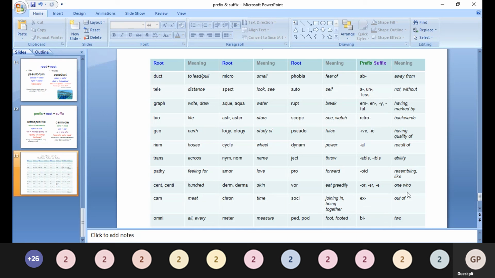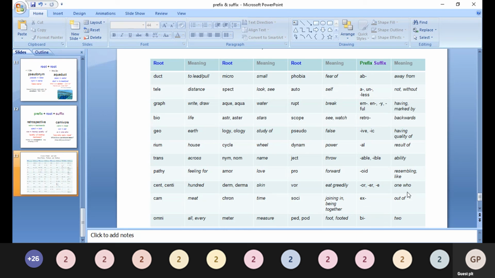Pati, feeling for. Centi, 100. Carni, meat. Omni, all, omnipresent, omnipotent. Micro is small. Spectacles, you look through that. Aqua, water. Astro, stars. Logy is study of something. Cycle, wheel. Nym is name.